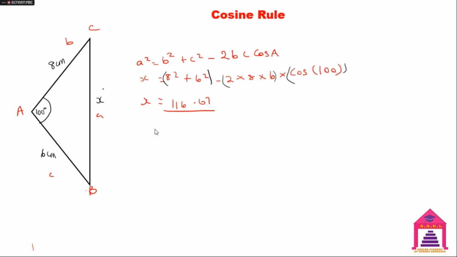So we have 8 squared plus 6 squared, which is 100. You have 2 multiplied by 8, multiplied by 6, which is 96. And then of course you have cos 100, which is 0.173.